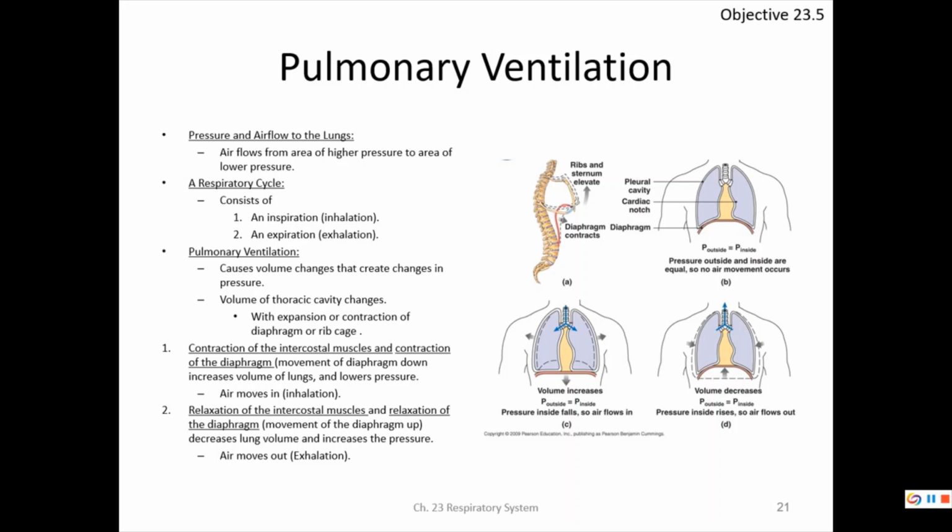Now, contraction of intercostal muscles. Remember the intercostal muscles, internal and external intercostals between the ribs, and the diaphragm are the two most important respiratory muscles.